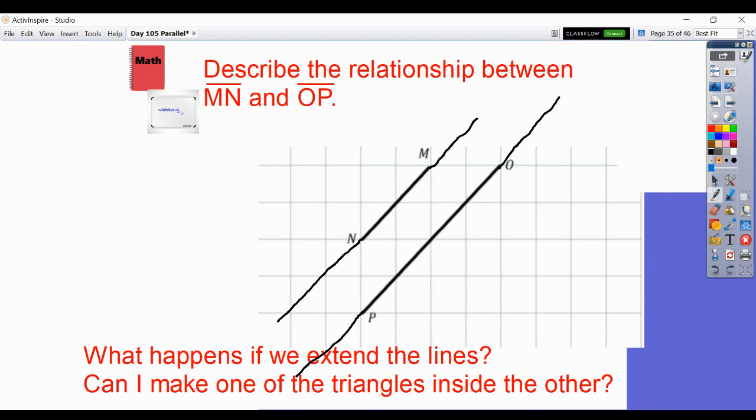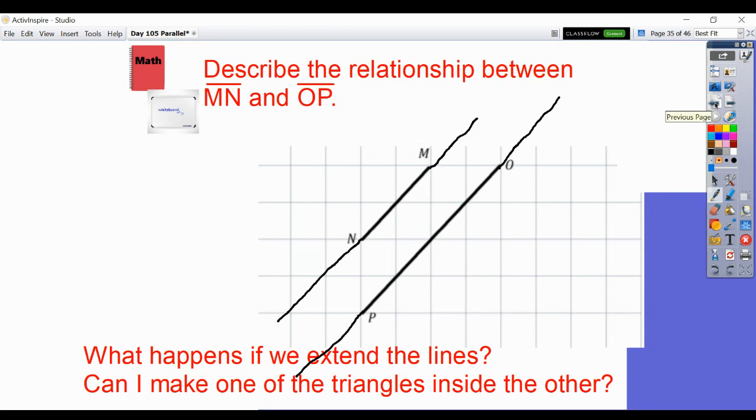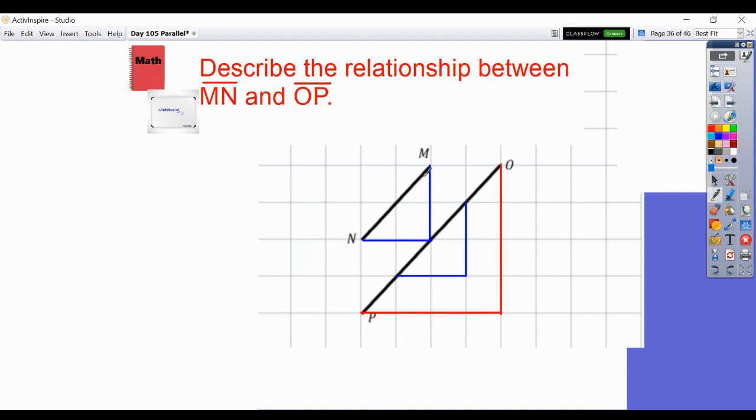Can I make one of the triangles inside the other? Let's take a look. Yes, you can.